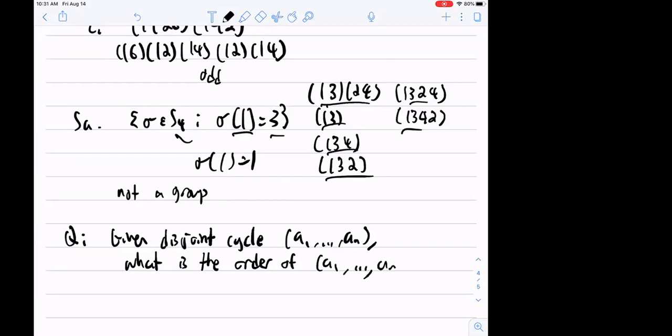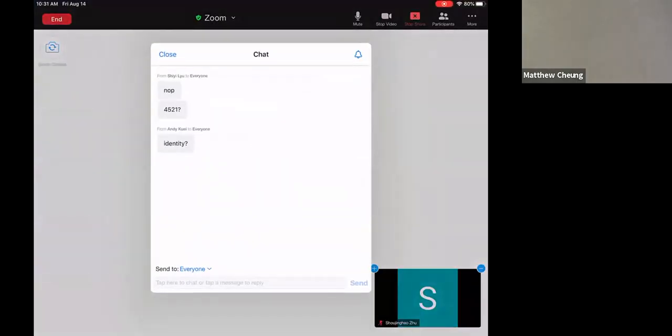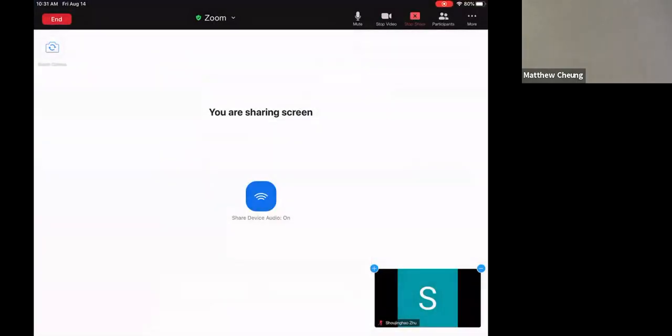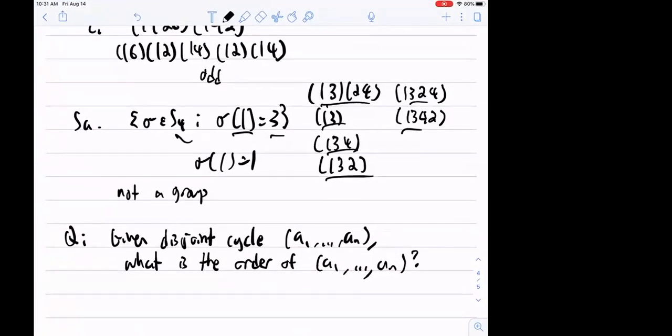Any ideas? So if I keep taking powers of it, when do I get the identity back? Remember, order is the smallest power where you get the identity, right? Is it n? Yeah, it's n.